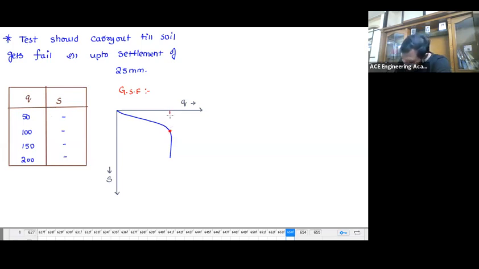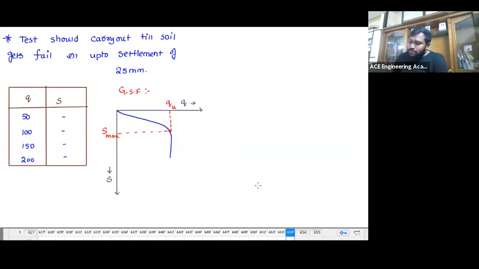At failure, whatever load you see is the ultimate bearing capacity, and whatever settlement you see is the maximum settlement. What is meant by safe settlement then? Any settlement value less than S maximum is safe. So if I get the graph in this way, that's general shear failure.